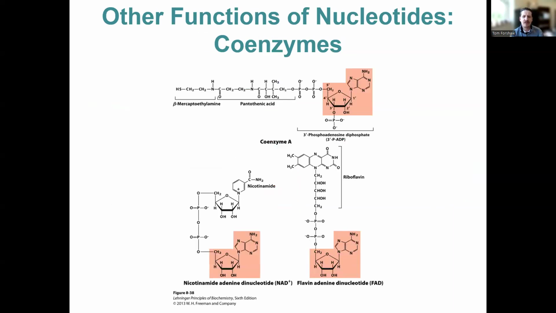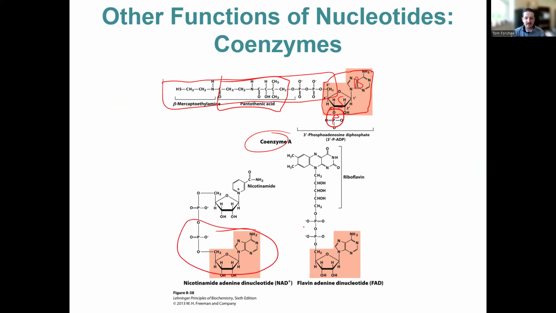Or similarly, for instance, coenzyme A is a nucleotide because you have the base, the sugar, the phosphate, and then you also have this bit attached to it. This is vitamin B1, I believe. Or NAD, here it is. Or actually it's diphosphate, that's what the D stands for, dinucleotide.